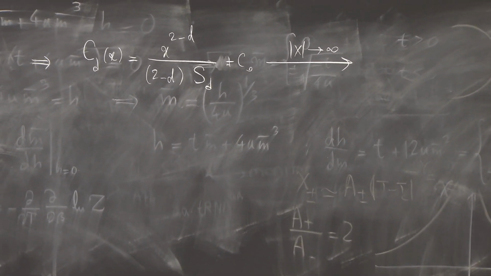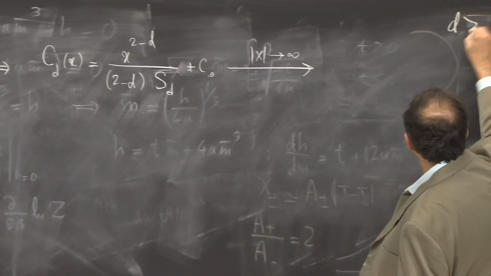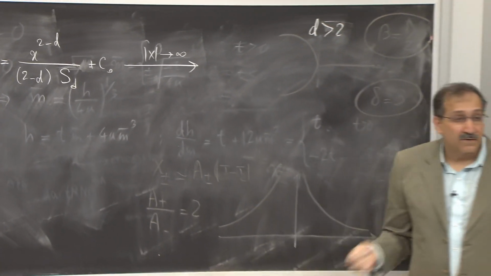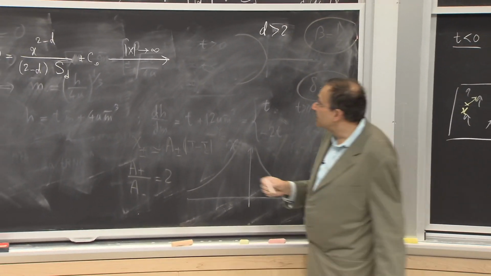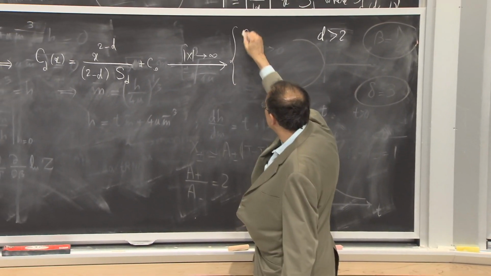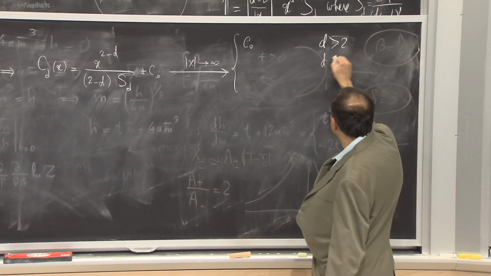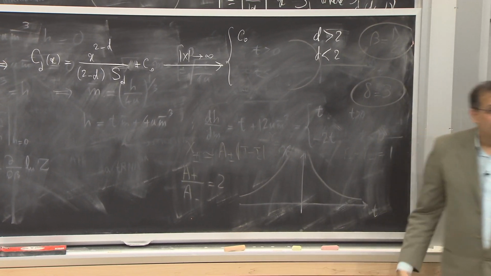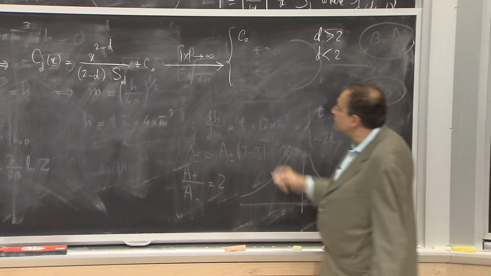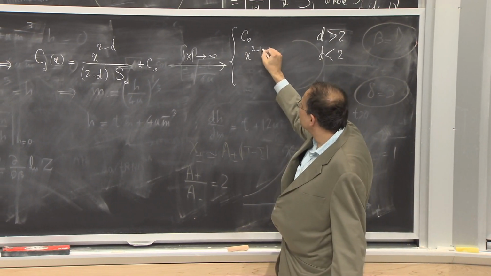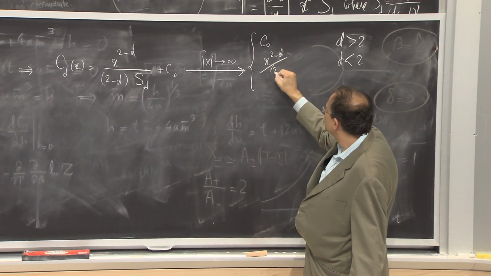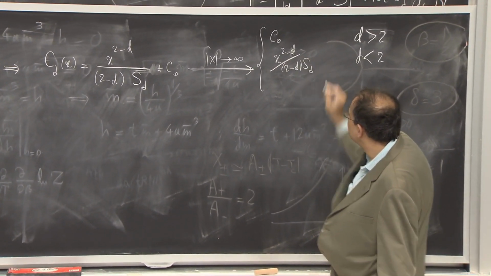So we find that for d greater than 2, like the Coulomb potential in 3 dimensions, you basically go to a constant, while in d less than 2, it is something that grows as a function of distance as x to the 2 minus d over S_d.